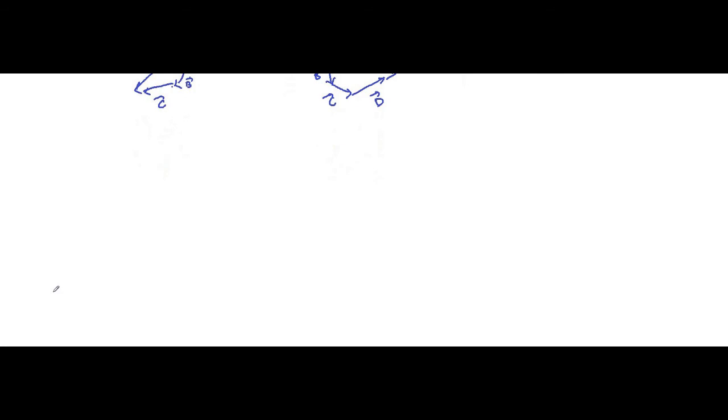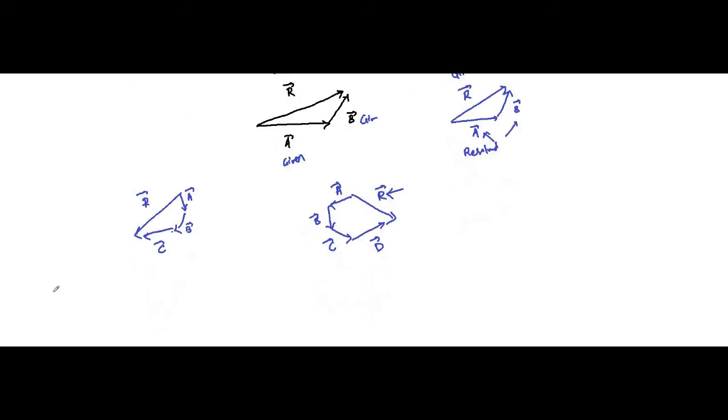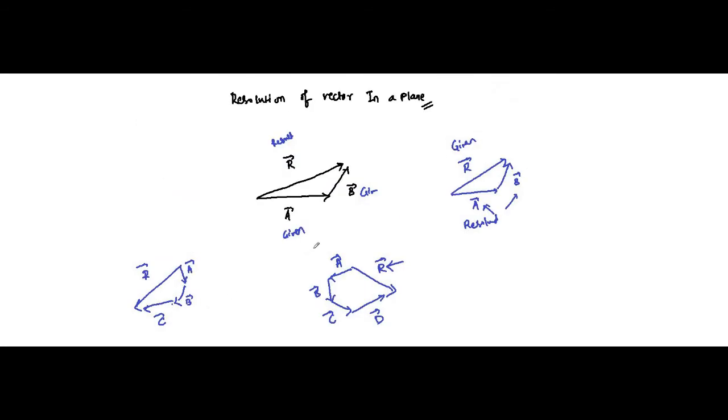Again, resolution of a vector is splitting a single vector into multiple component vectors. So here the single vector R is split into two component vectors, A vector plus B vector.